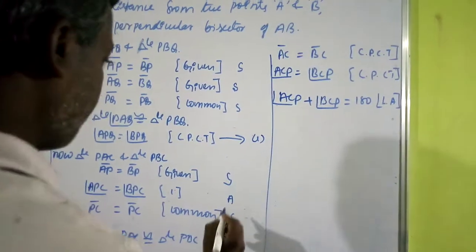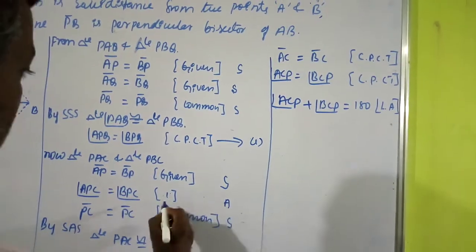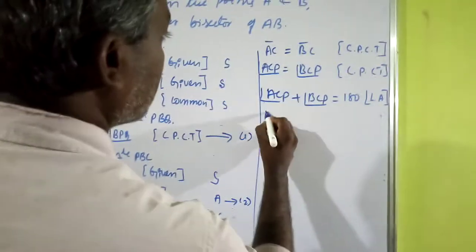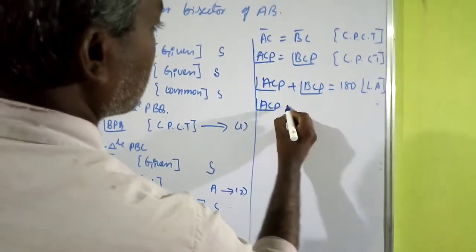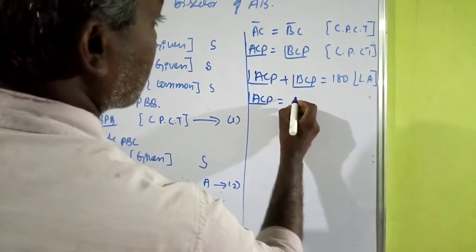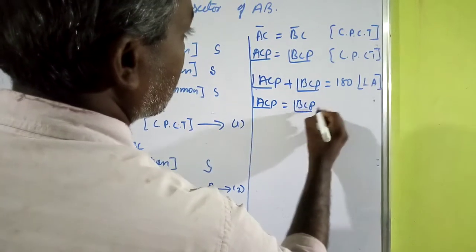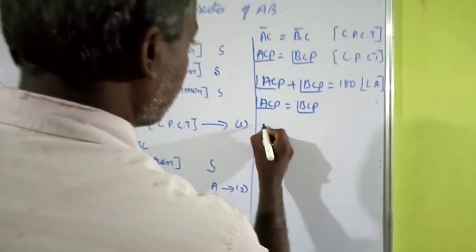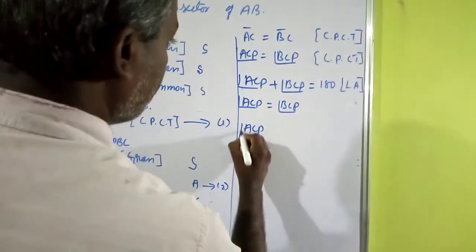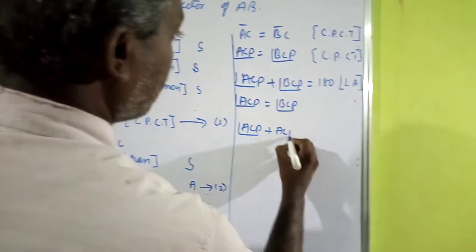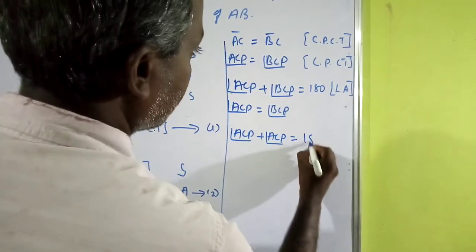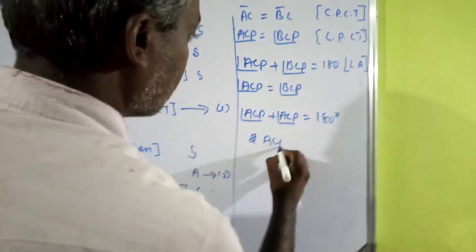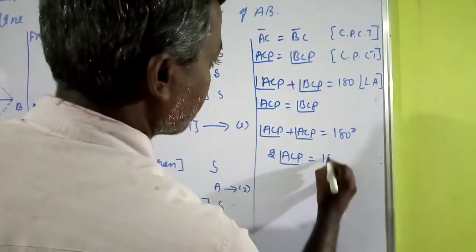So from here, from 2, angle ACP is equal to angle BCP. Correct? Now substitute in the above equation, then it becomes ACP plus ACP is equal to 180. So now it becomes twice angle ACP is equal to 180.